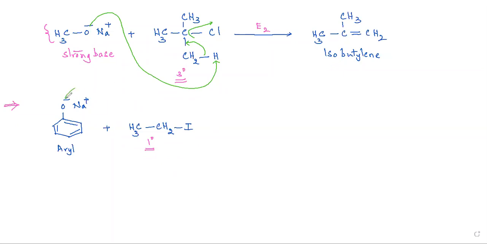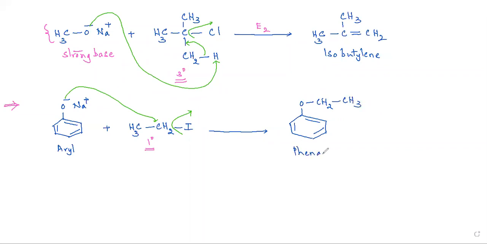Yes, this occurs because a primary one is an unhindered one. You get ethoxybenzene, also known as phenetole. Methoxybenzene is called anisole. Ethoxybenzene is called phenetole. Okay.